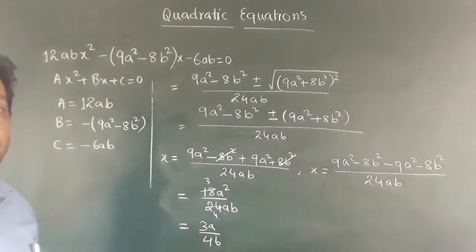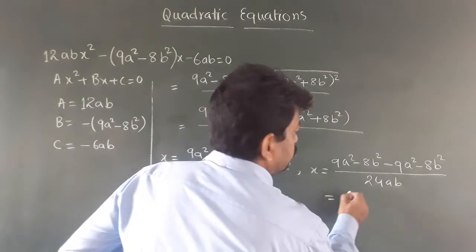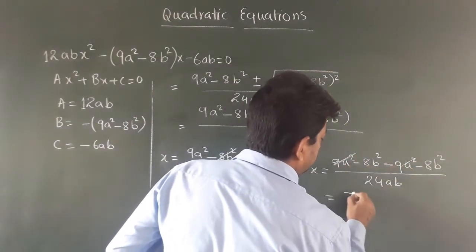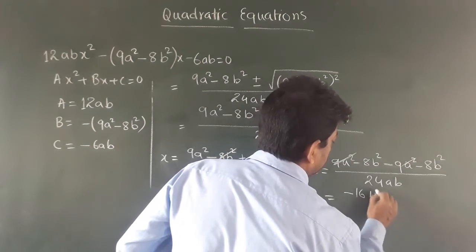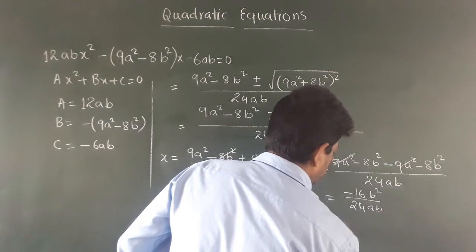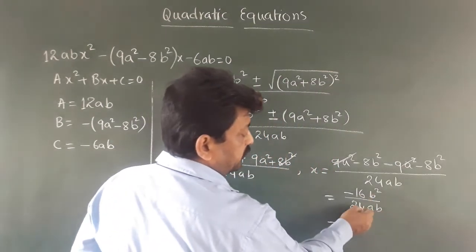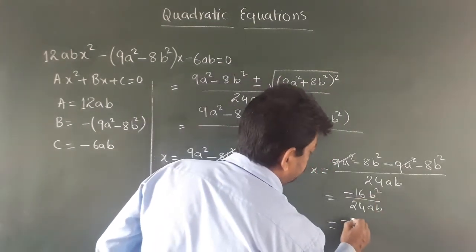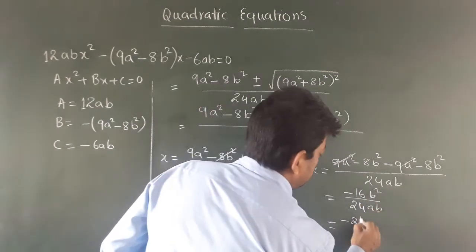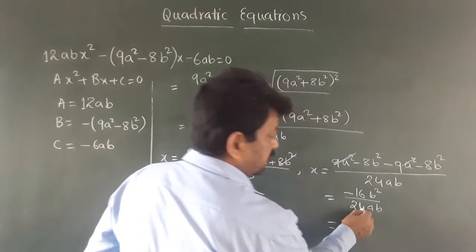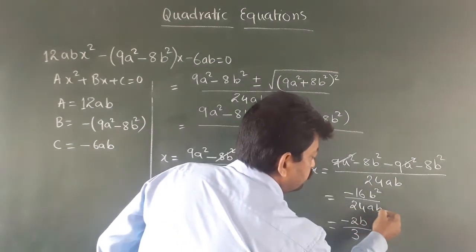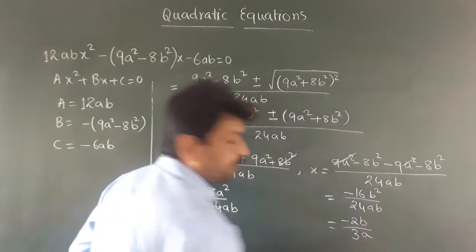Okay, and here this 9a square cancels. So minus 8 minus 8 is minus 16b square upon 24ab. By cancelling, it will be cancelled by 8, so it will become minus 2, and b square and b, one b will be cancelled, so there will be b, and 8 threes are 24, and b is already cancelled, so there is a.